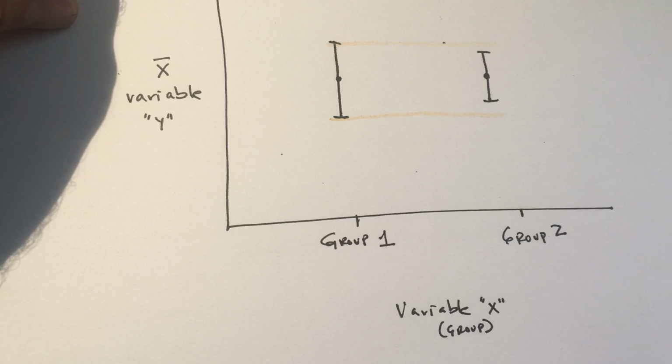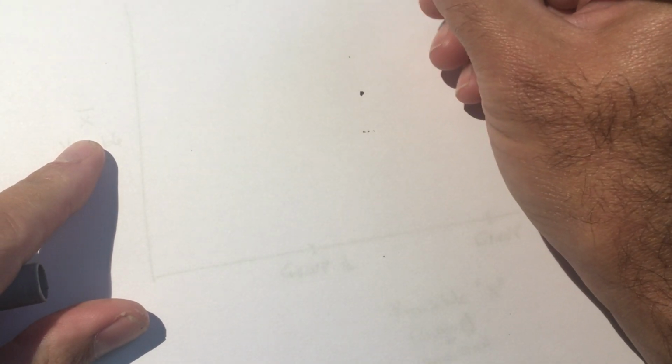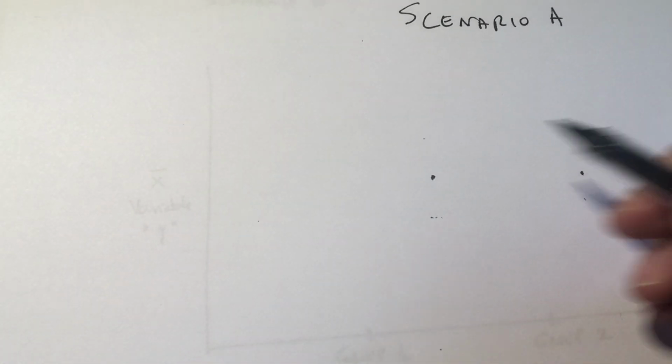So if I were to graph scenario A again in a different way, I'm going to move my camera.